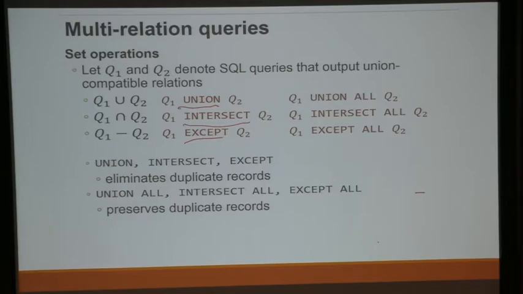The set should not contain any duplicates. So if you use this, all the duplicates will be gone. If you want to keep the duplicates, then you have to use all.